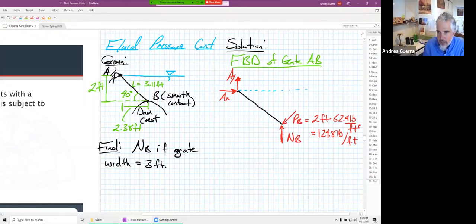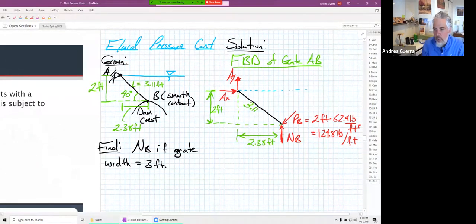So we know our pressure at that spot because we're 2 feet deep, right? And let's show that geometry over here. We know that distance right there is equal to 2 feet. I'm going to draw it right here. This is 3.11 feet. And then horizontally, we have this distance here of 2.38 feet. So we know our pressure is what it is at 2 feet right there.